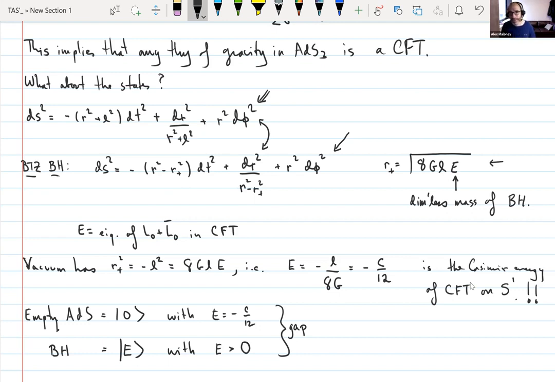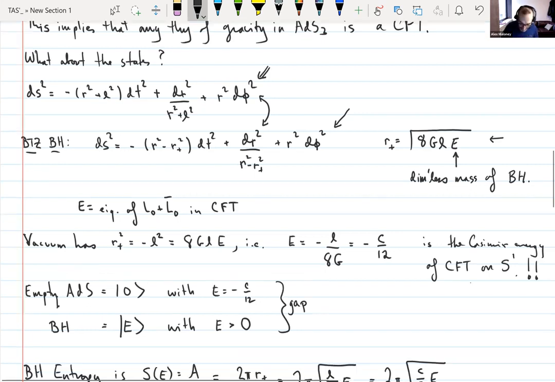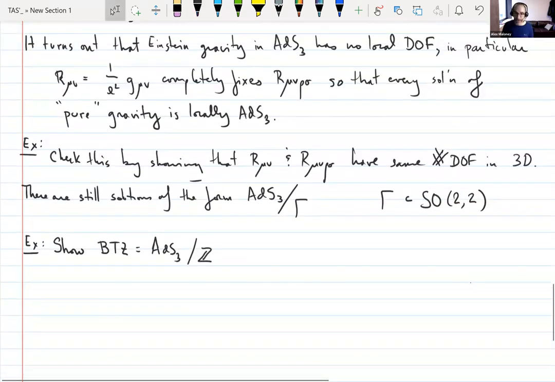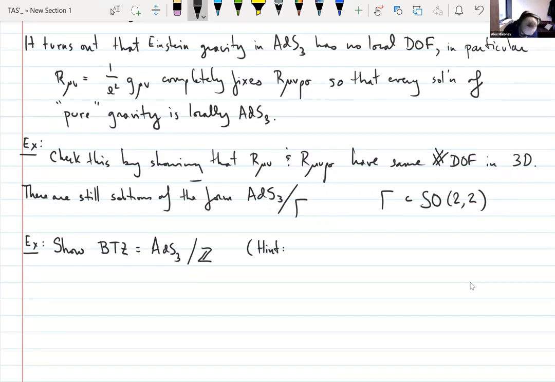It stays finite. So what's the periodic identification that defines the BTZ black hole? It's the one that identifies phi with phi plus 2 pi. So hint, phi is periodically identified with period 2 pi. Good.